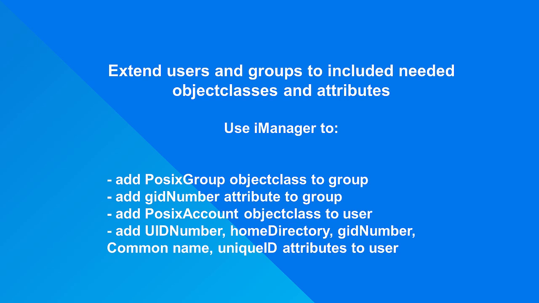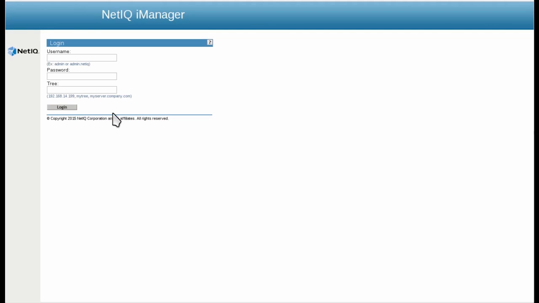Next, extend the users and groups to include the needed object classes and attributes. This can be done using iManager. Log in to iManager with the admin account. For our tutorial, we will create a test user and a test group.